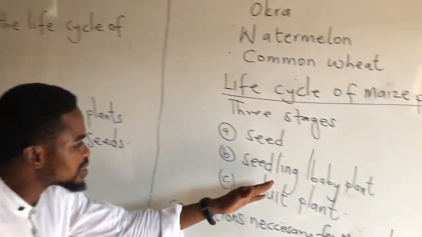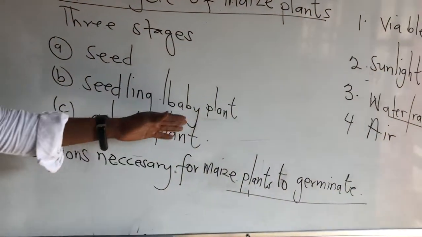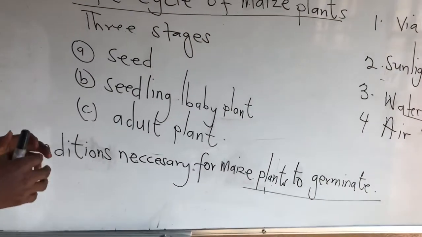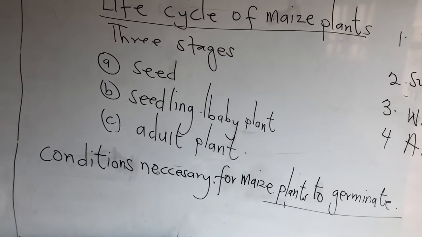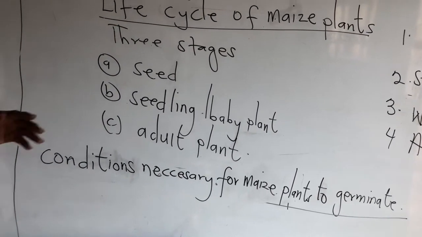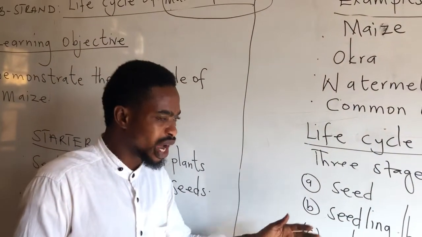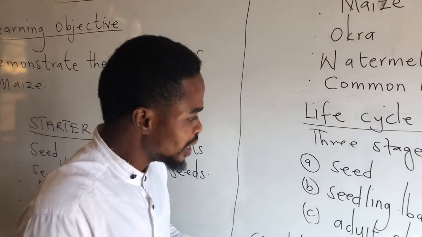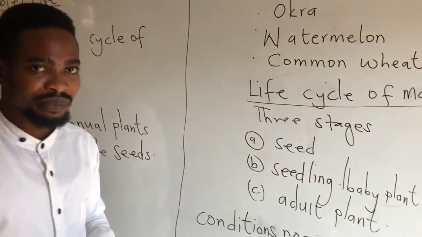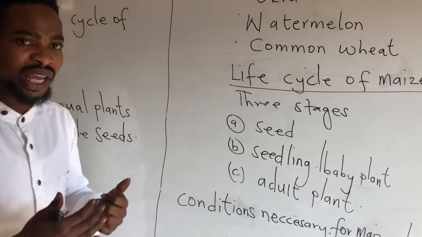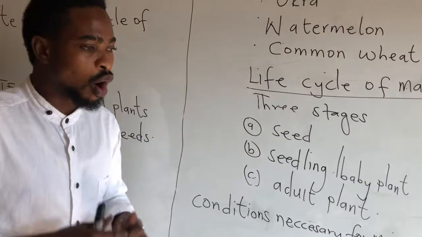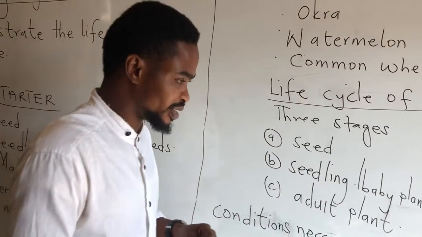The baby plant, also called a young plant, uses the stored food in the seed leaf to carry on its life activities. As time goes on, the baby plant will depend on its own food. It's what we call photosynthesis.